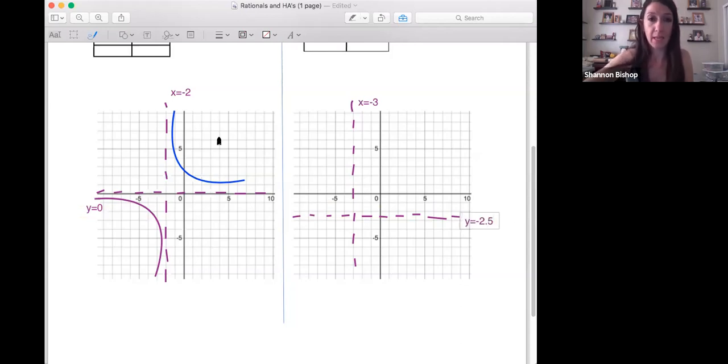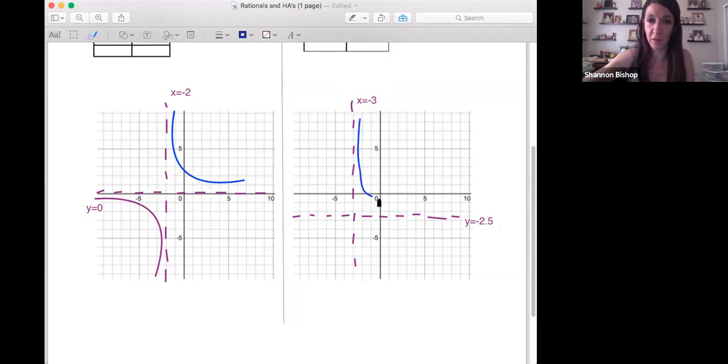And then this particular graph was, if I remember correctly, also up here.